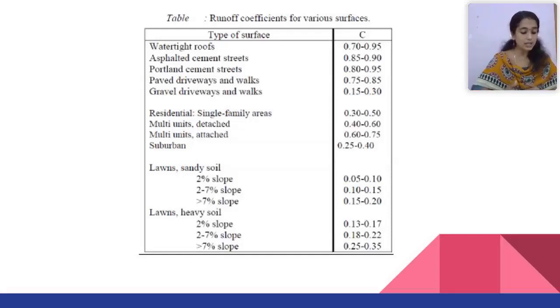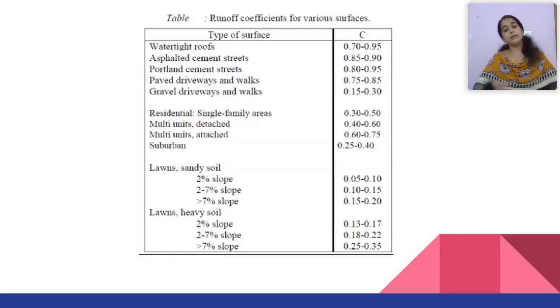And residential single family areas, it is 0.3 to 0.5. And multi-units detached, it is 0.4 to 0.6. And suburban, it is 0.25 to 0.4. Lawns and sandy soils with a 2% slope, it is 0.05 to 0.1. And 2 to 7% slope, it is 0.1 to 0.15, etc. For heavy soil, also given in that table.